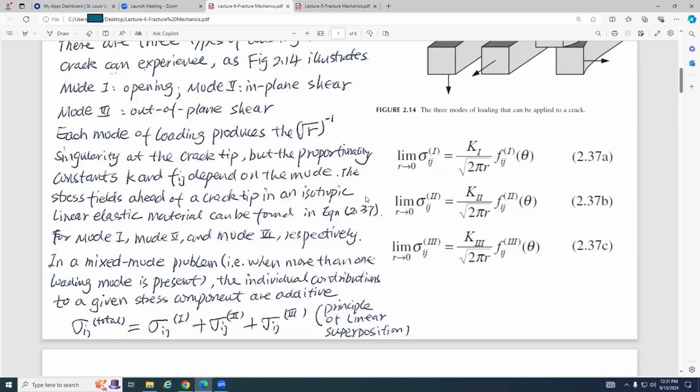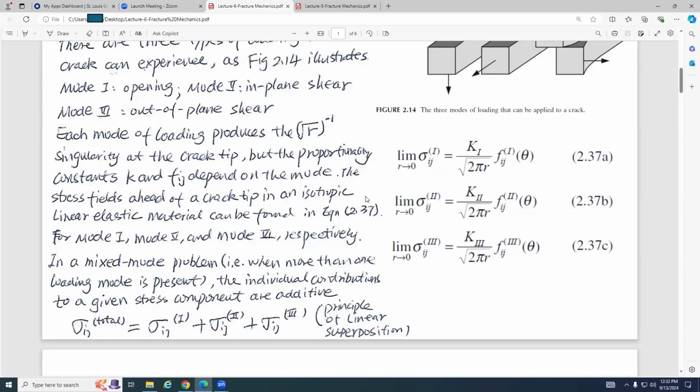The stress field ahead of the crack tip in an isotropic linear elastic material can be found in equation 2.37, these three equations A, B, C, for mode 1, mode 2, mode 3 respectively. In a mixed mode, where more than one load mode is present, the individual contributions to a given stress component are additive. You know additive, right, guys?